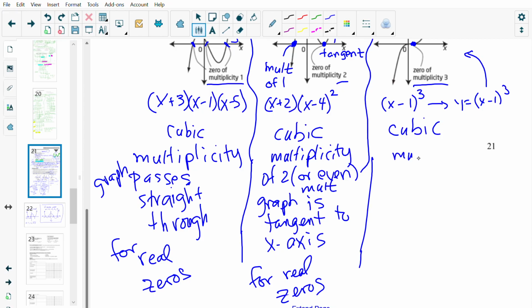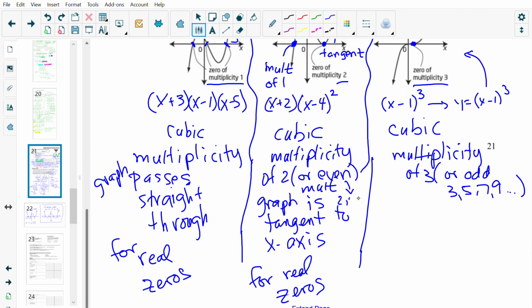Okay, last one. Multiplicity of 3 or odd multiplicity. So 3, 5, 7, 9. Well, I should mention even 2, 4, 6. What happens for a multiplicity of 3 or an odd multiplicity?